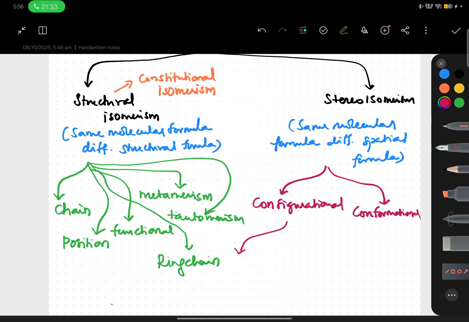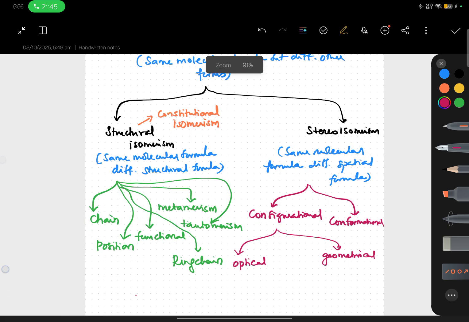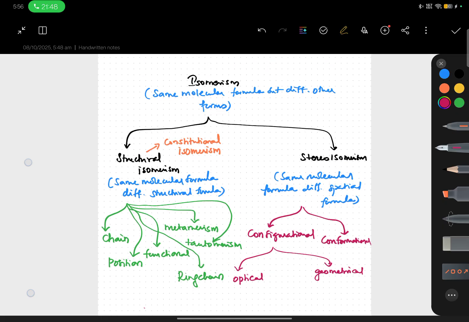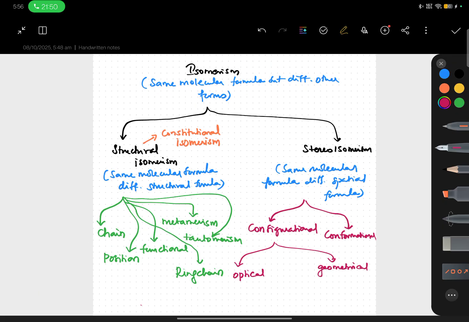Configurational is further divided into optical isomerism and geometrical isomerism. I'll elaborate everything in detail. First you write down, just copy this. We will explain each and every isomerism in detail.